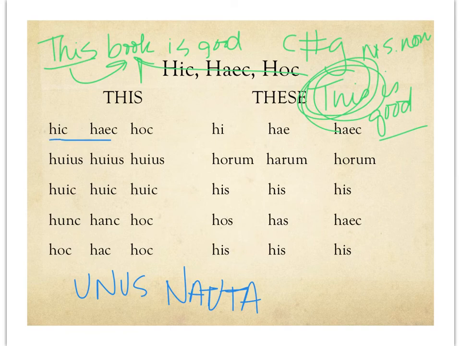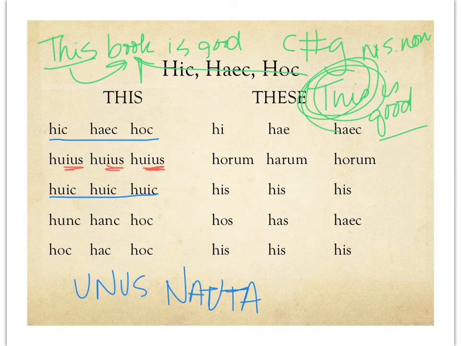We have hic, haec, hoc. But then you can see in the genitive, they end in -ius, just like all of those other genitives do. Huius, huius, huius. And then we have this form, huic, huic, huic, which ends in -ic instead of just -i, the way that nullus or unus do.